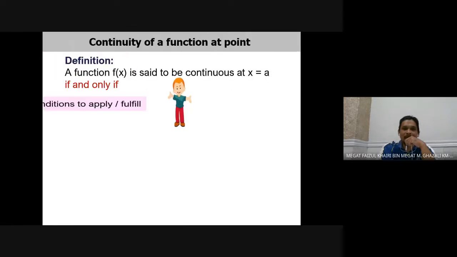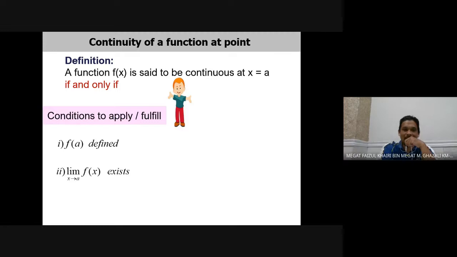Continuity of a function at the point a. A function is continuous at x equal to a if and only if these conditions are fulfilled: f(a) is defined, the limit as x approaches a exists, and this one here.